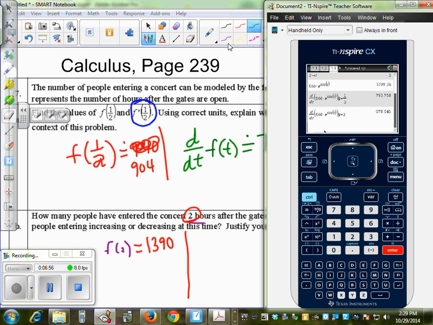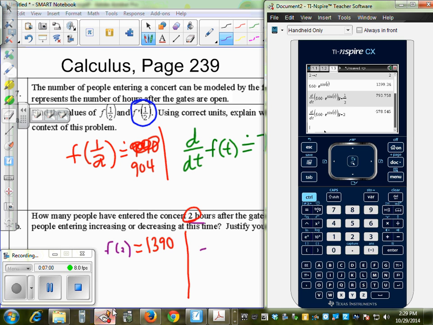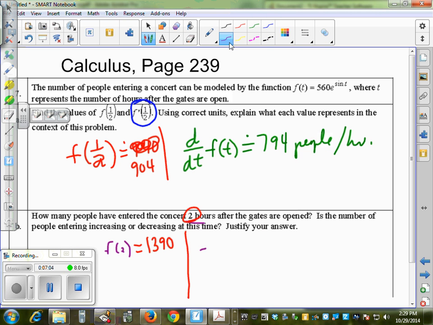And now it's negative 579 people per hour. What this means here is, of course, at the beginning of the concert, the number of people is increasing. After 2 hours, the number of people entering the gates is decreasing.